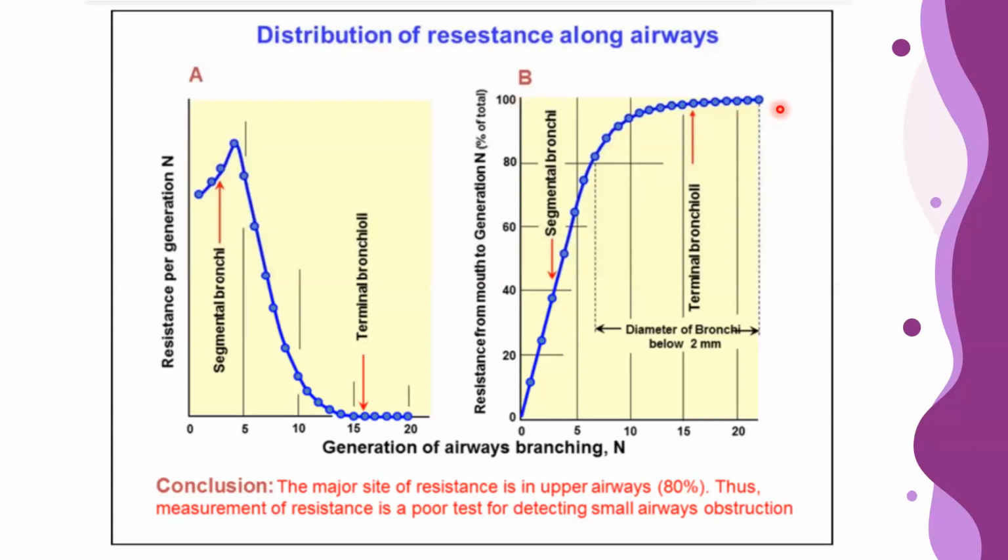And that's basically what this graph is trying to prove to you, that 80% or more of resistance lies in the upper airways, or in the conducting zone, the anatomical dead space. And the least resistance, around 20% or even less than that, lies in the respiratory zone.